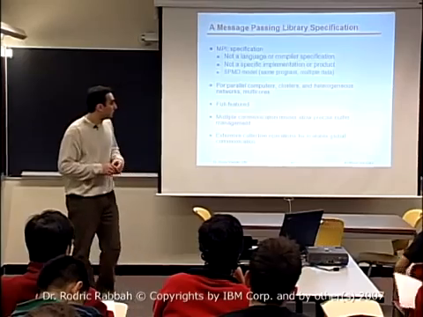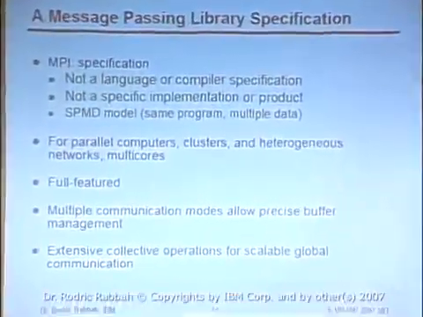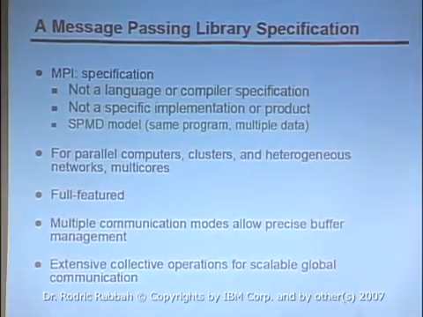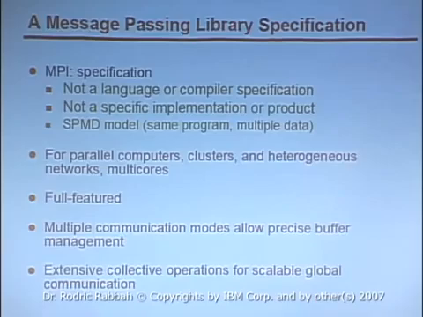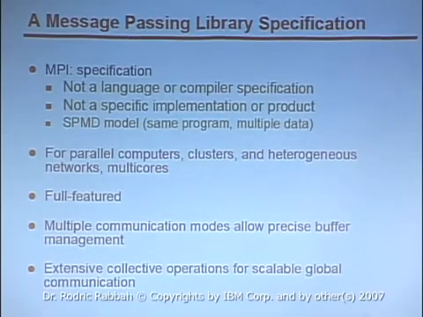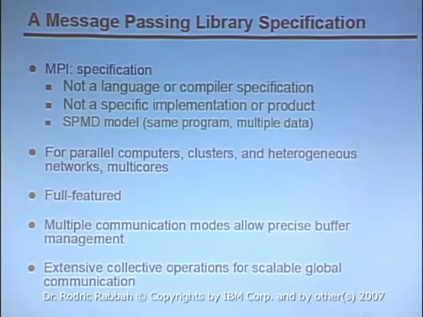So there's a well-known message passing library specification called MPI that tries to specify all of these different communications, in order to facilitate parallel programming. It's full-featured, actually has more types of communications and more kinds of functionality than I showed on the previous slides. But it's not a language or a compiler specification.